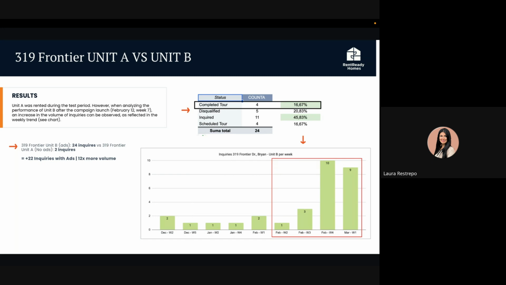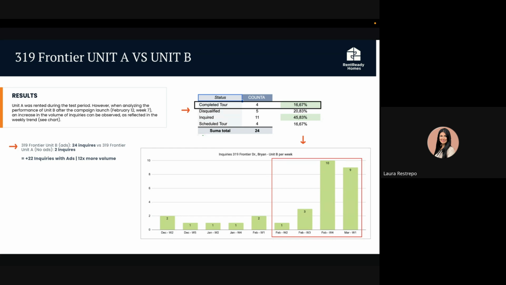Unit A was rented, but we have 22 inquiries with ads, right? You can check in the chart that 70% of them complete a tour, and 45% of them have some inquiry, right?